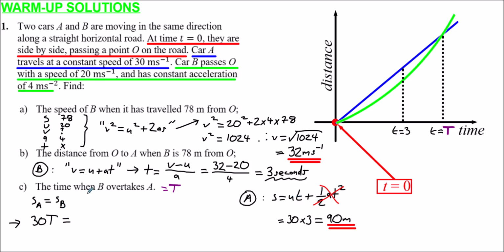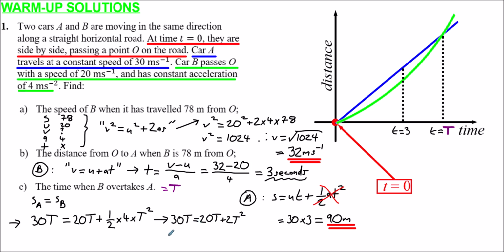So that's going to be 20T plus a half multiplied by the acceleration of car B, which is 4, multiplied by time squared. So that's going to be times T squared. So this will now neaten up. I now have 30T equals 20T. Half of 4 is 2, so I've got plus 2T squared.